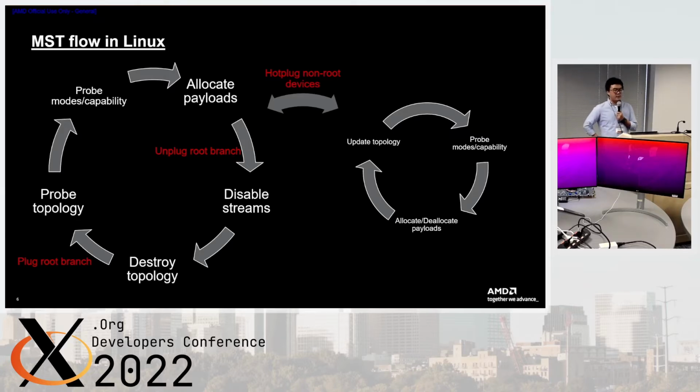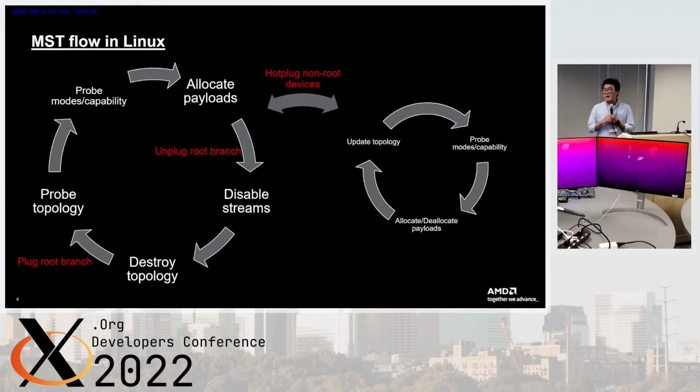Then user space will later trigger us to probe the EDID by sending out remote I2C read messages, and also send out remote DPCD read messages to read out the capability of each output port. Then after atomic check and commit tail, after enabling our pipes for the streams, we also need to send out the allocate payload sideband message to allocate bandwidth on each DP link. So ideally at this state, all streams are settled down successfully.